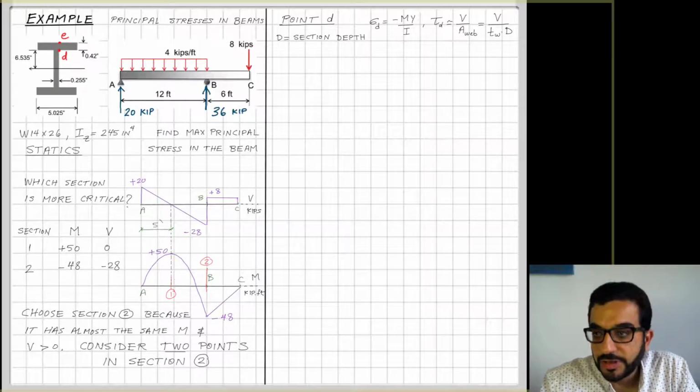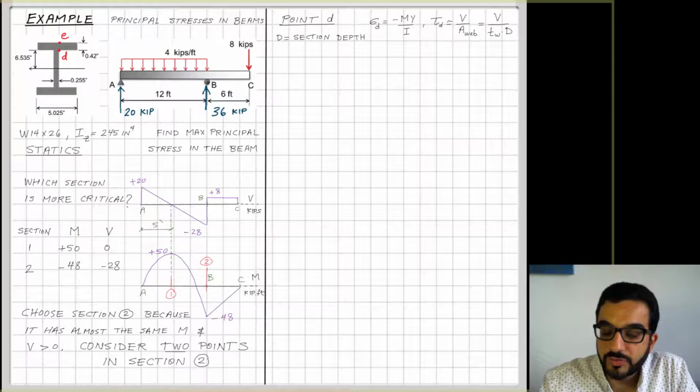Point D is not the extreme point in terms of flexural stresses, but it's far from the centroid, so it's not MC over I, it's negative MY over I. And tau, we explained in the previous video that in a wide flange, tau would equal roughly V over A web, and A web is equal to t, the thickness of the web, times the depth of the whole section.